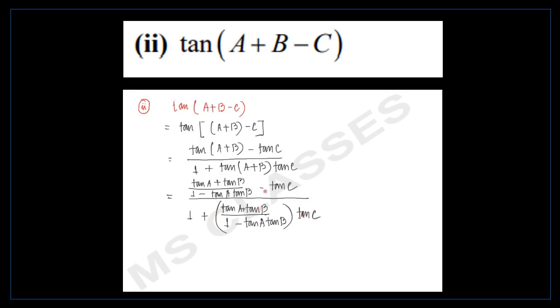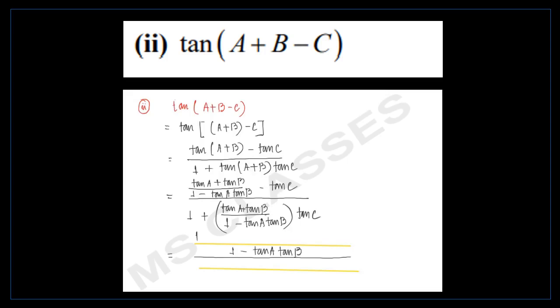Now after that we can simplify. So what we get here is 1 minus tan A tan B as the LCM.